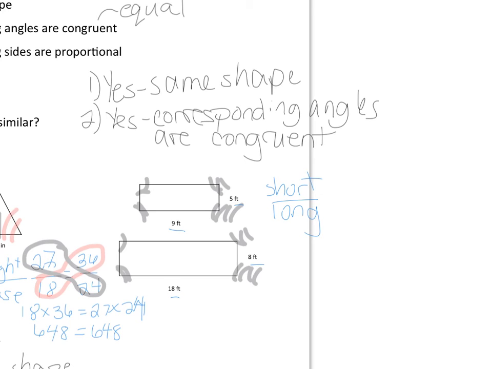All right, so if we look at the smaller rectangle, the short side is 5 feet and the long side is 9 feet. And in the bigger rectangle, the short side is 8 feet and the longer side is 18 feet. So we want to know, is 5 times 18 the same thing as 8 times 9? 5 times 18 is 90, and 8 times 9 is 72.